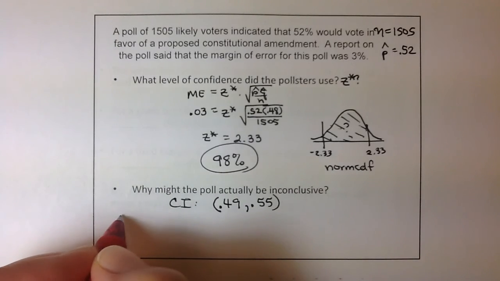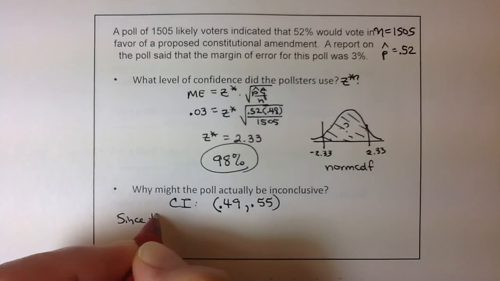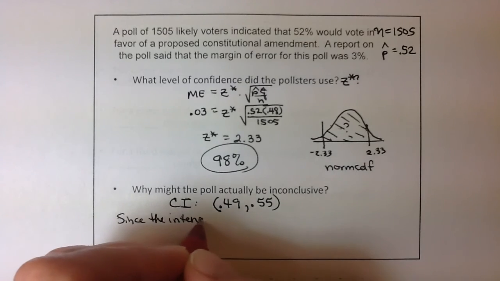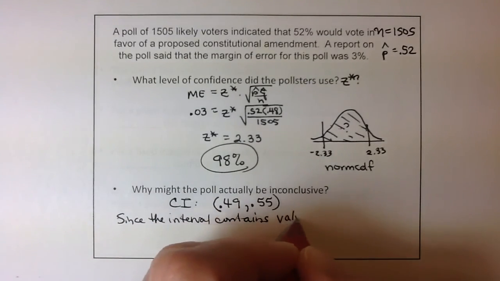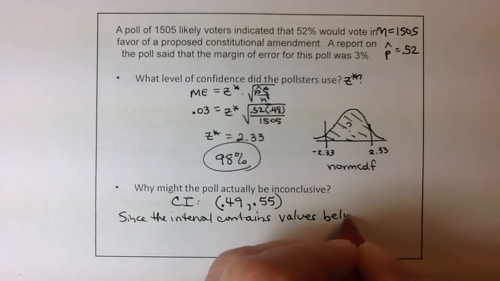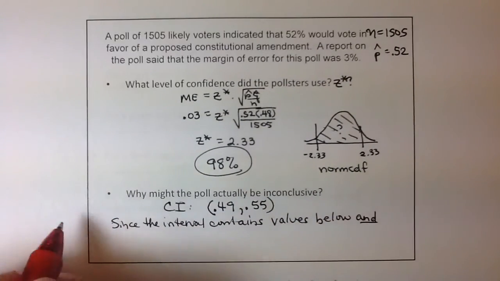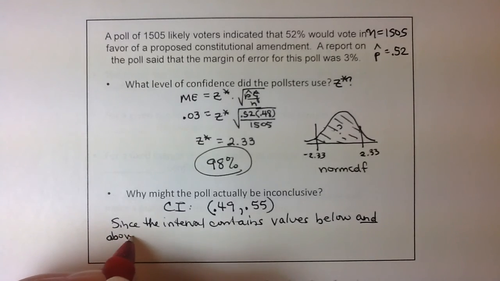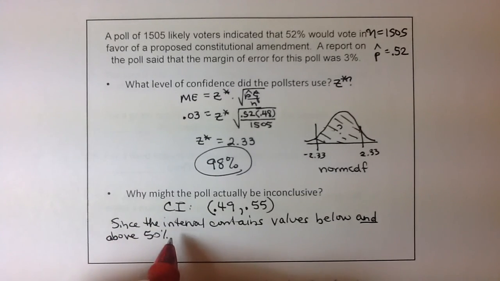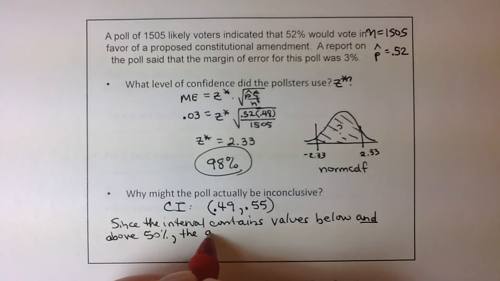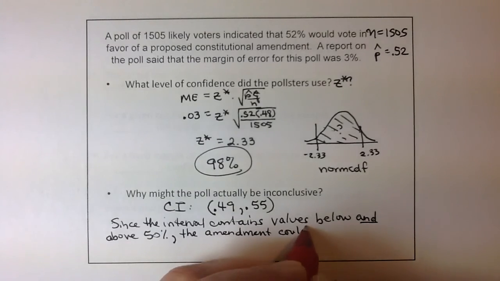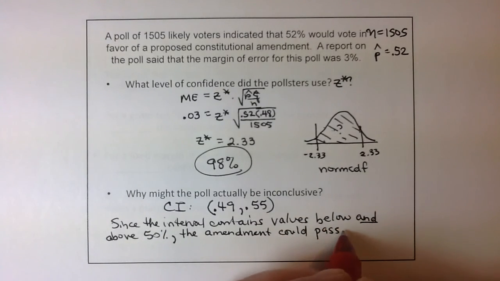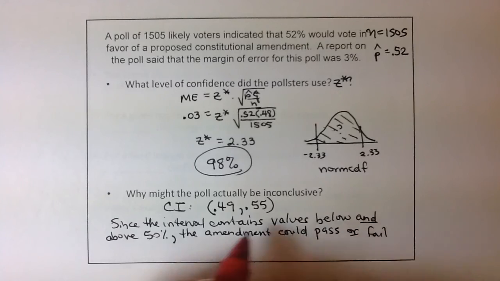So since the interval contains values below and above 50%, the amendment could pass or fail to pass.